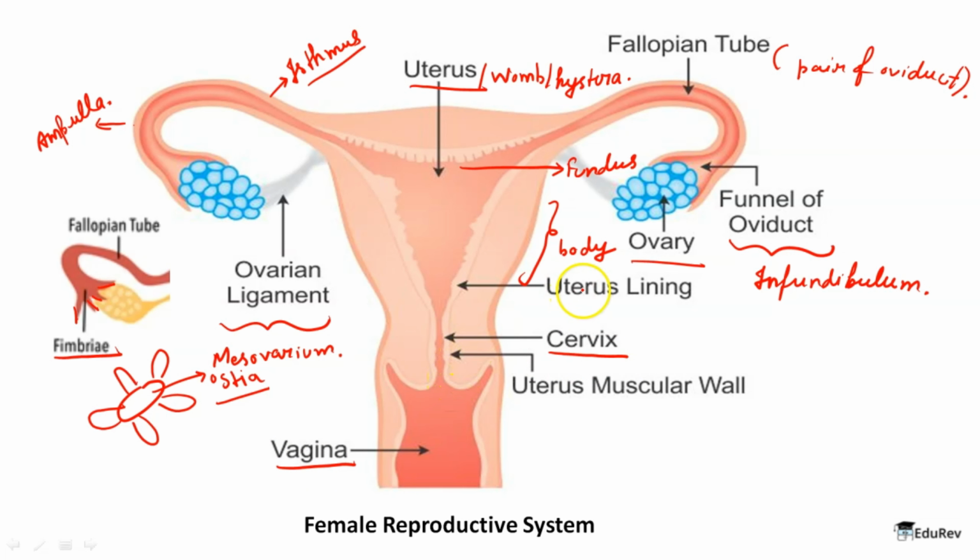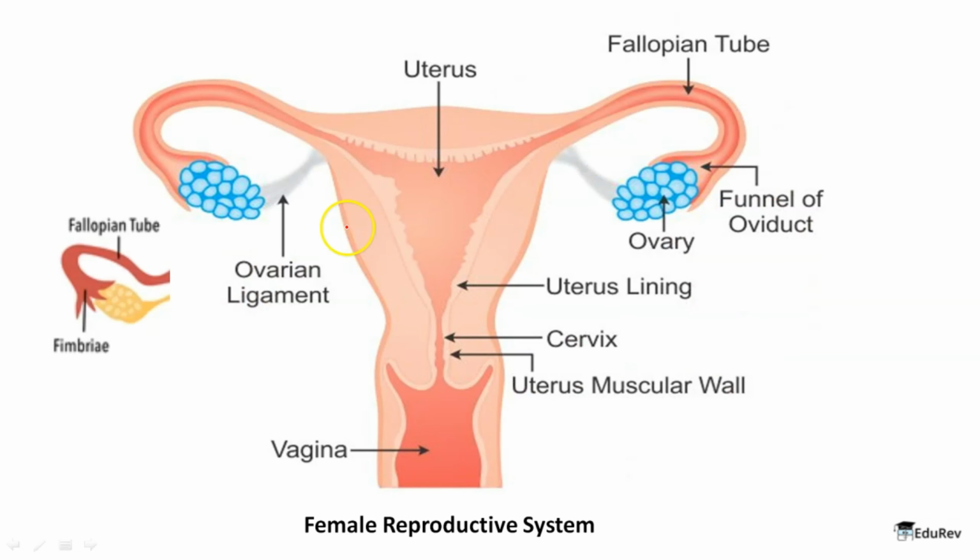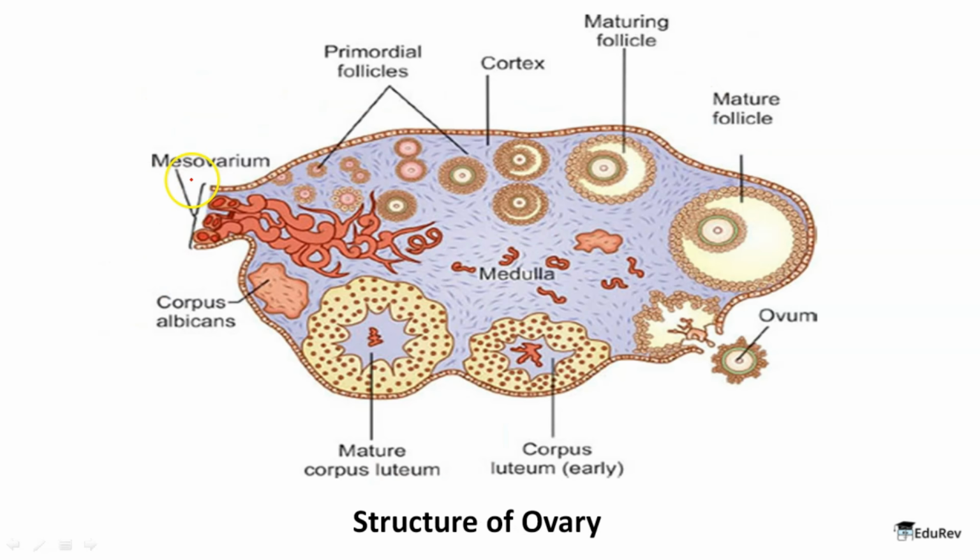Now let's talk about the structure of the ovary. These are of almond shapes. You can see here that they are of almond shapes, right? They are lined by germinal epithelium. This layer is known as germinal epithelium. Okay.